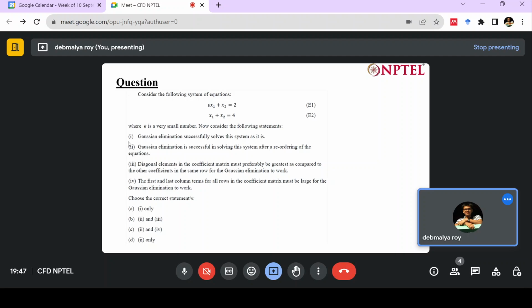This is the first option. Second option is Gaussian elimination is successful in solving this system of equations after reordering of the equations. So why is a reorder necessary? Why is this asking for a reordering of the equations?